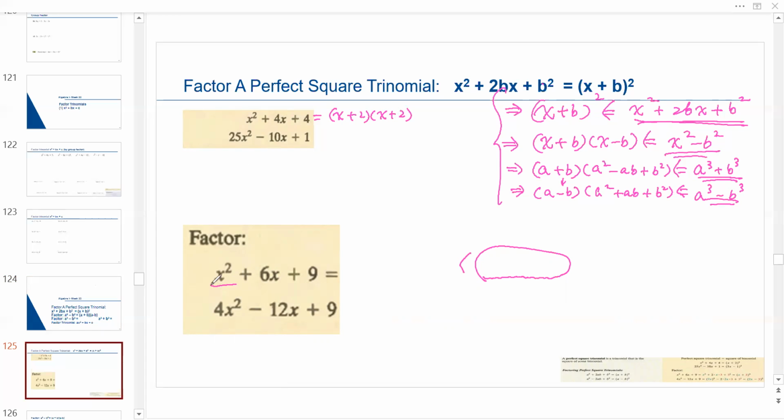Like this one, x squared plus 6x plus 9. 9 can be factored into 3 times 3, and the sum of them is 6. So this one would be (x + 3) times (x + 3).